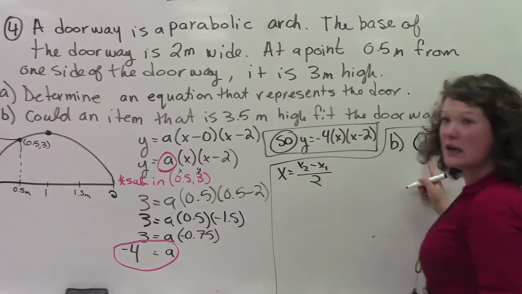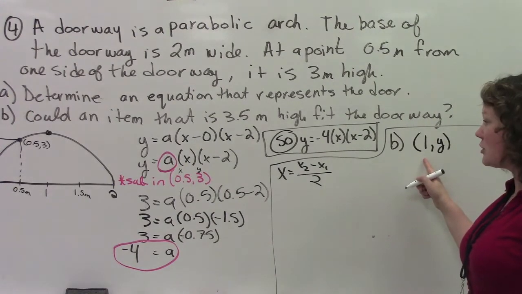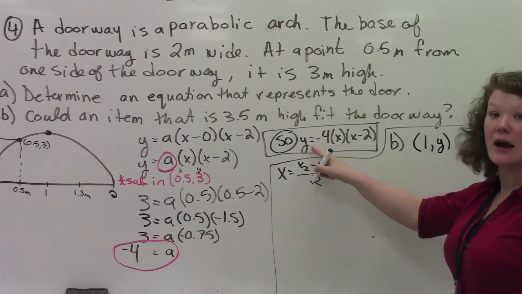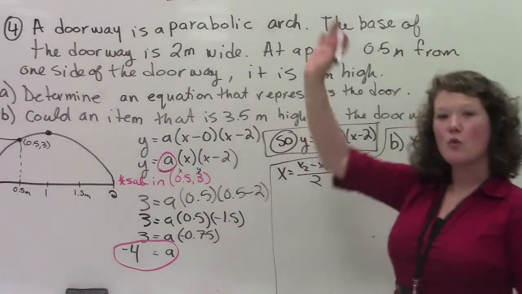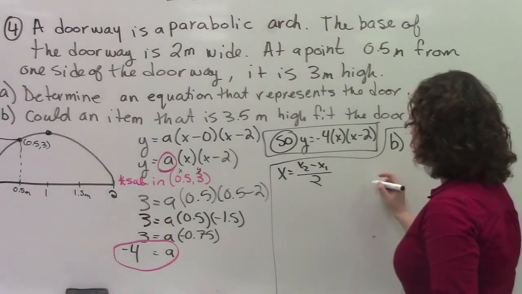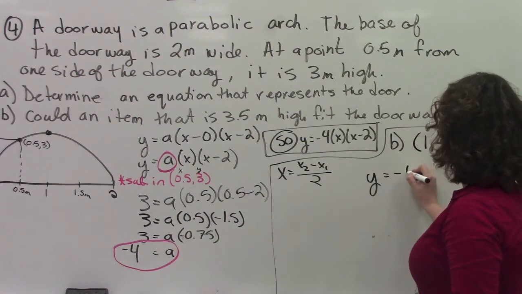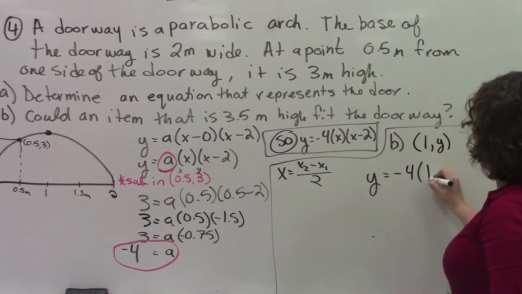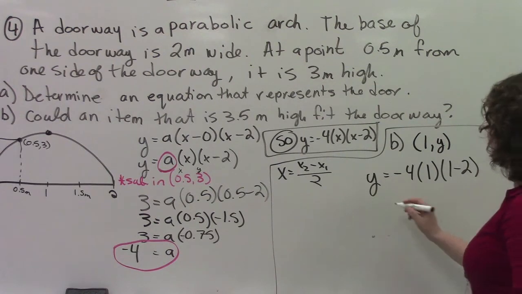So if I plug 1 into the equation here, I should be able to figure out what the y coordinate of the vertex is. If it's more than 3.5, woohoo! That means that it can actually fit. So we have y equals negative 4 times 1 times (1 minus 2).